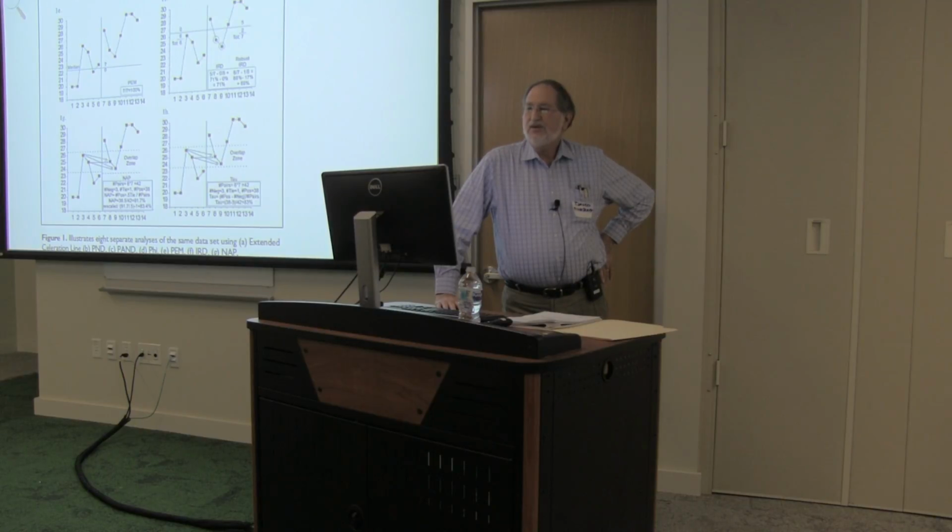And if you ask yourself what would be a perfect relationship, it would be if all the points, in this case, the treatment is supposed to increase whatever the behavior is, so that the perfect thing would be to have all the points on the left below the line and all the points on the right above the line, and that would be a perfect relationship.